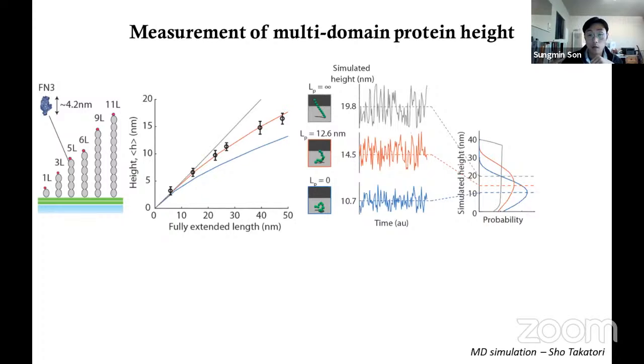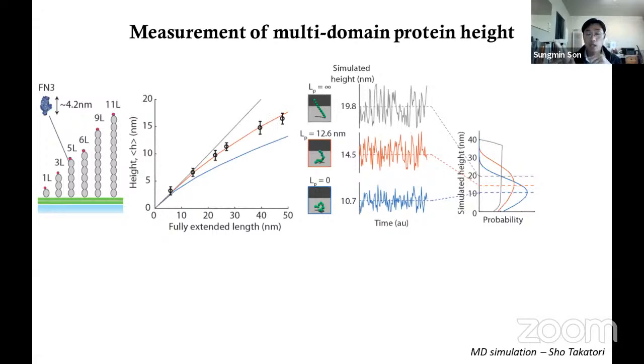And truly, when we change the persistence length, he predicted that the tip distribution will change drastically, and that comes with a change in the average height as well. In our case, when the persistence length was about 13 nanometers, it matched the data most accurately.